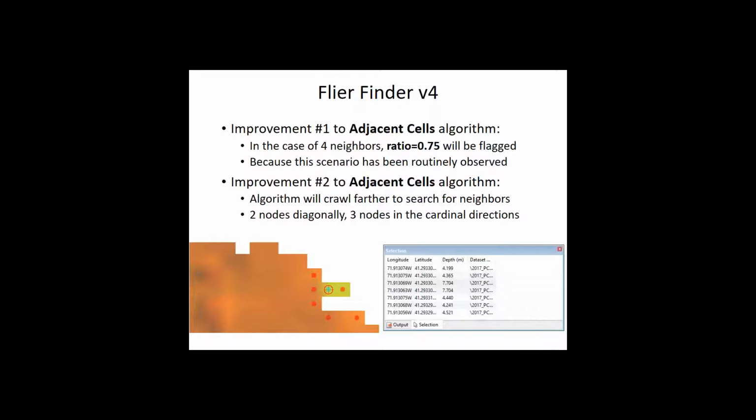So previously that would only have 4 neighbors, now it has 6. And so with this improvement, that has 5 significant differences, 6 total neighbors, that ratio is 0.83. So that's going to get flagged no matter what. So again, this improvement is in all the most recent versions of Flyer Finder now.